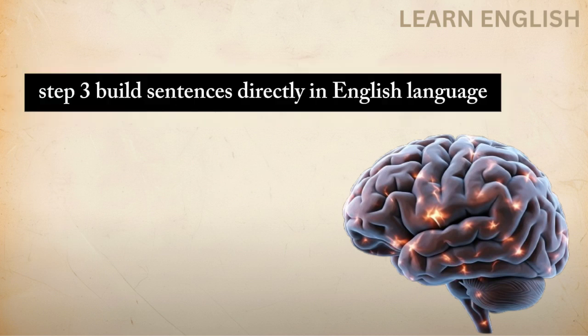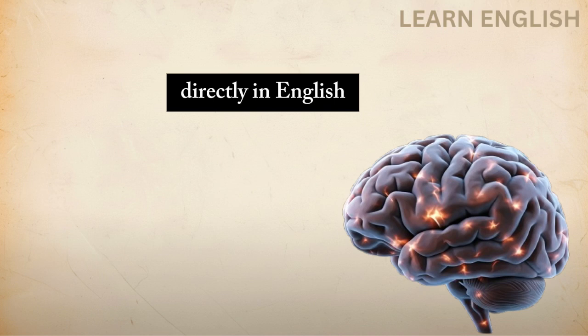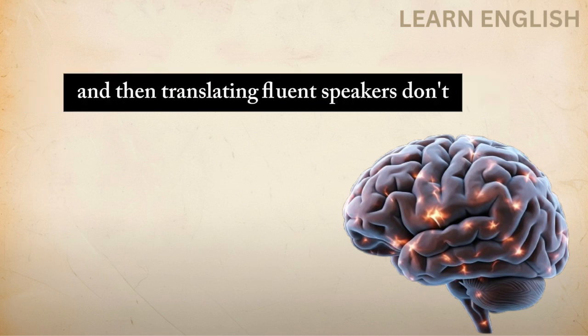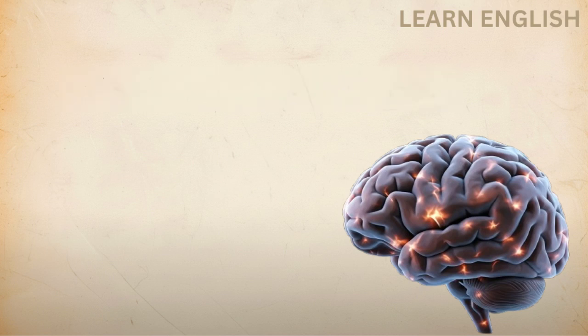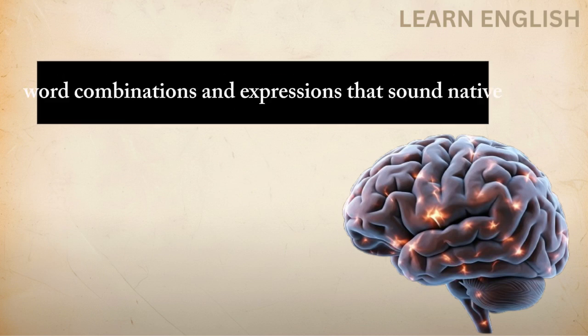Step 3. Build sentences directly in English. Language formulation. The final step is forming your thoughts and sentences directly in English, without first creating them in your native language and then translating. Fluent speakers don't translate. They use natural English structures, word combinations, and expressions that sound native.